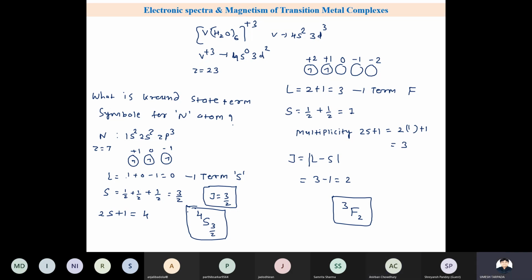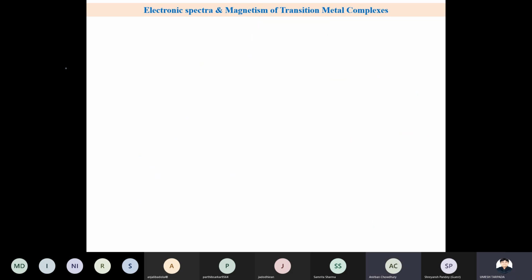Now in the term symbol, we will do two more examples as practice, especially in the F orbital, because the D orbital and P orbital we have taken. What is the term symbol for the F3 configuration? Then we move to the next topic.